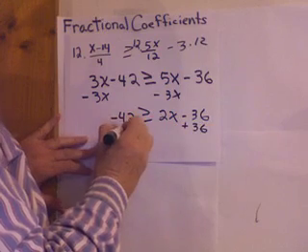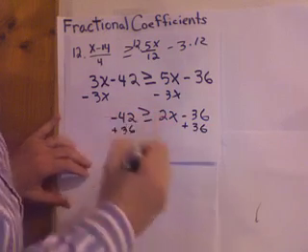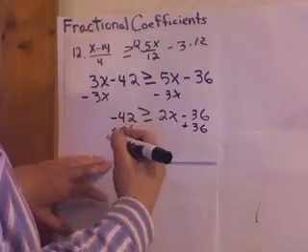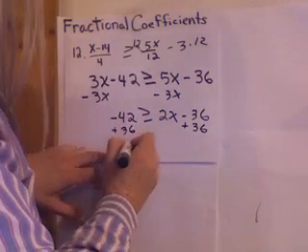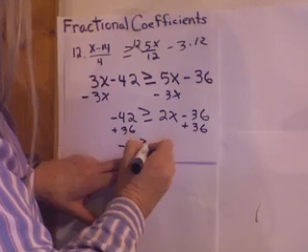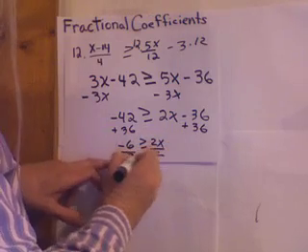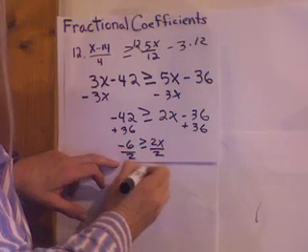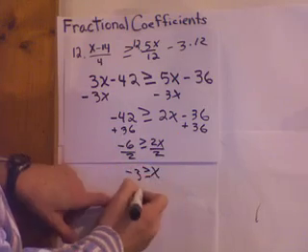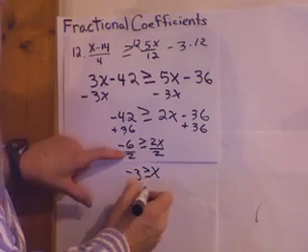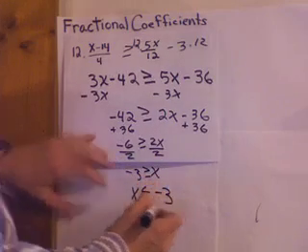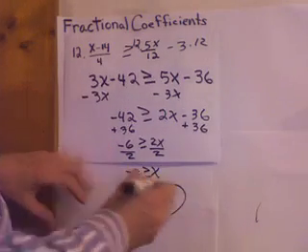So when I add 36 to 42, little calculator help here, I get negative 6. It's greater than or equal to 2x. Next step, divide by 2. I get negative 3 greater than or equal to x. I like to write it this way, x less than or equal to negative 3. And there is your answer.